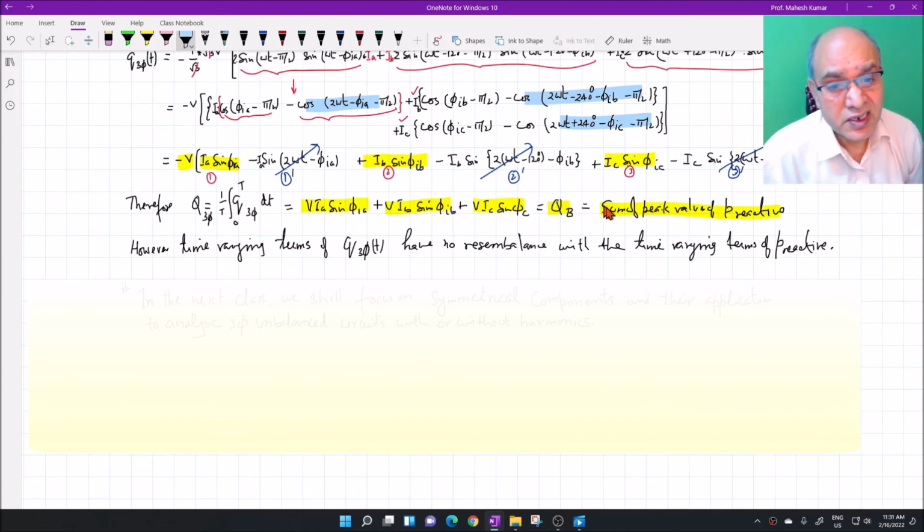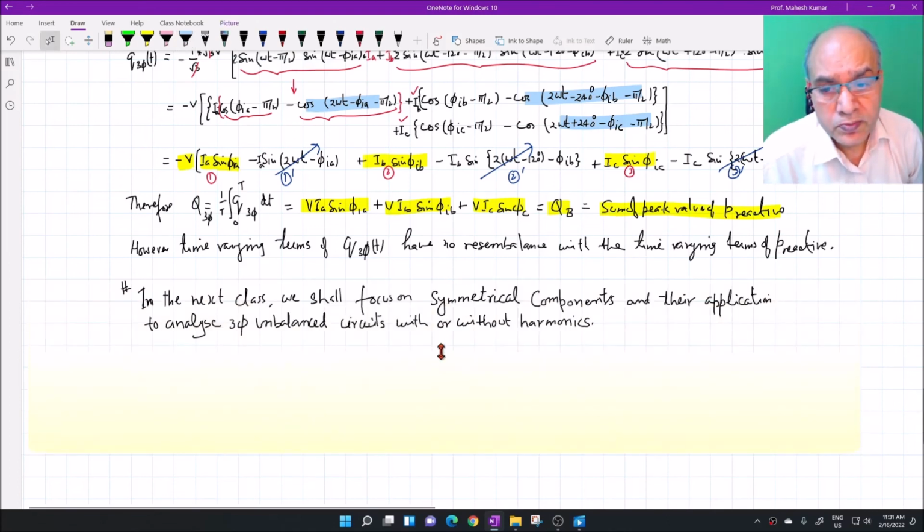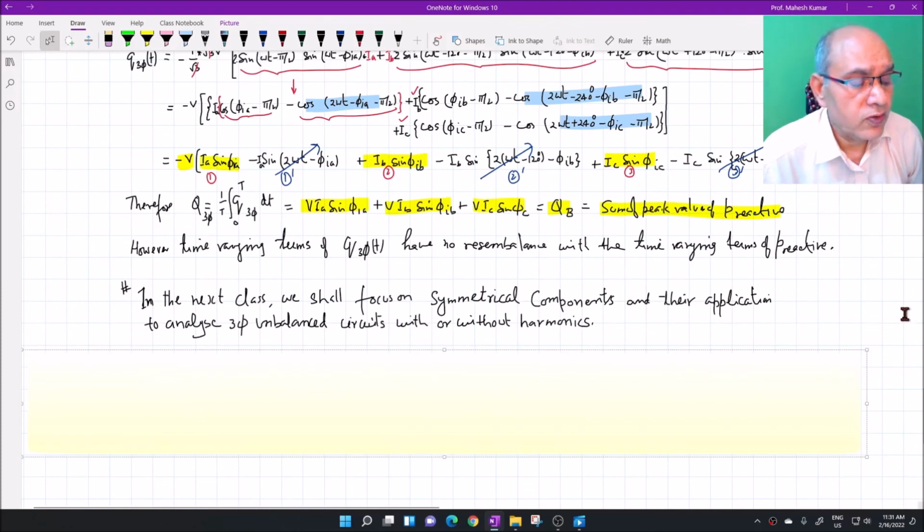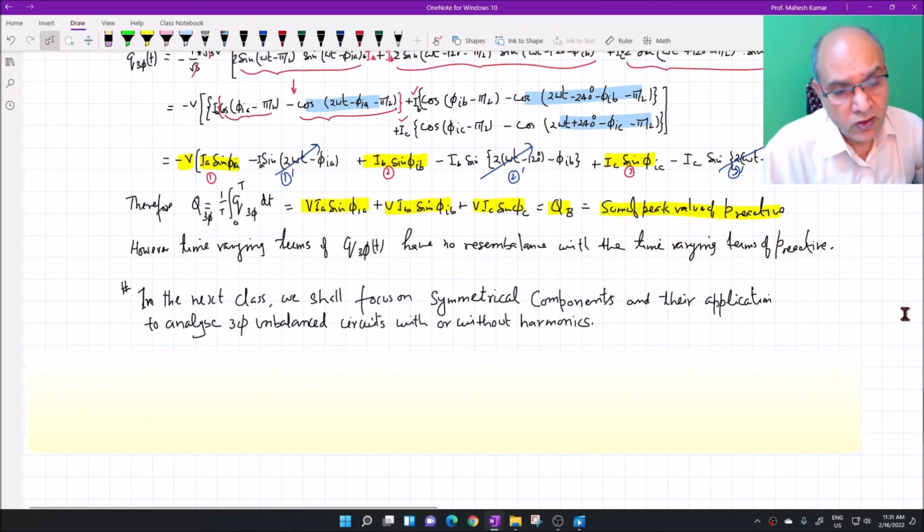So this discussion gives us a clue that there is no resemblance of the time varying nature of the instantaneous reactive power to the P reactive components. There is resemblance of the average value of the instantaneous reactive power to Budeanu's reactive power, or conventional reactive power, which is the peak of the P reactive component.